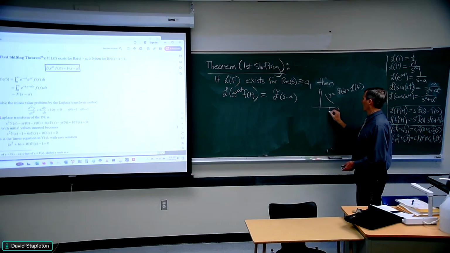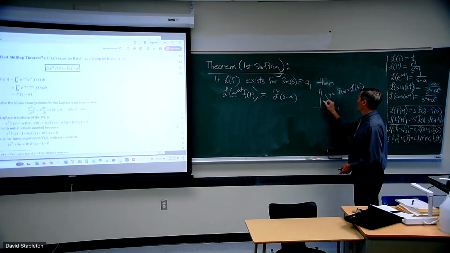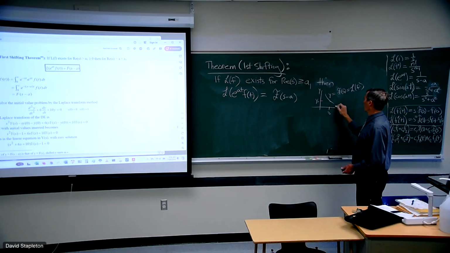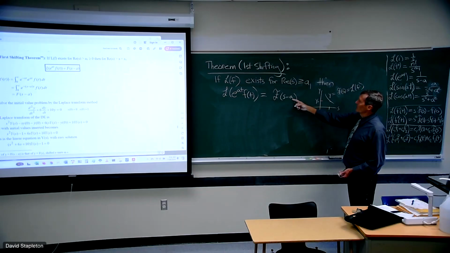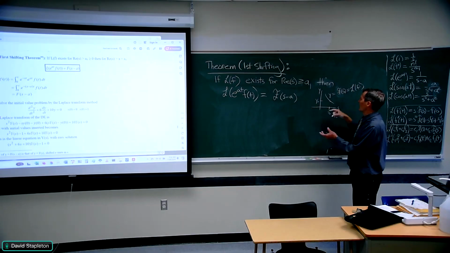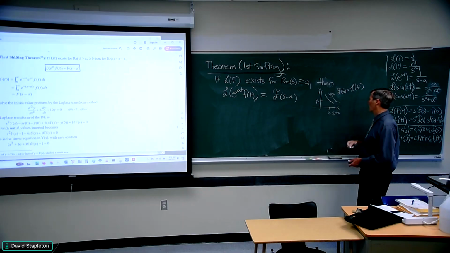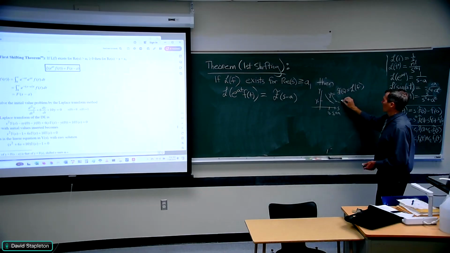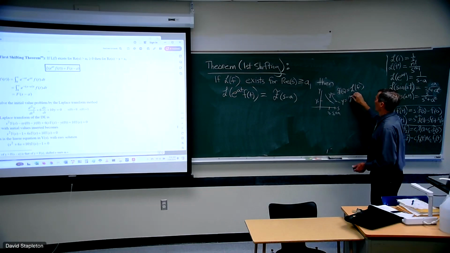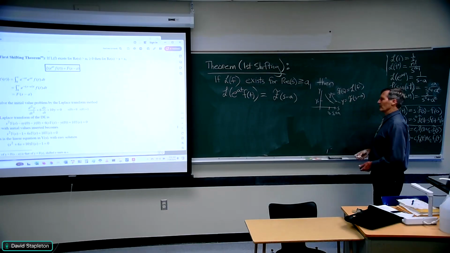I'll put this point s0, y0. Well, with any function, when we replace s by s minus a number, it just slides it over. So it goes over to s0 plus a, whatever is subtracted here, and draws exactly the same curve in exactly the same shape. So it shifts the transform along like that. And this is y equals F of s minus a, the transform shifted in the s direction.